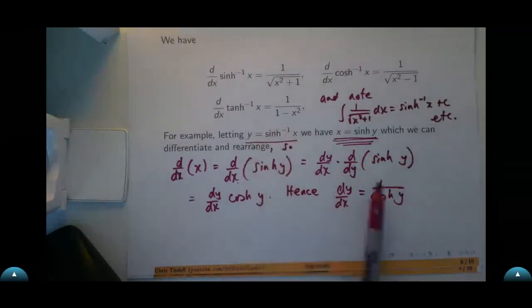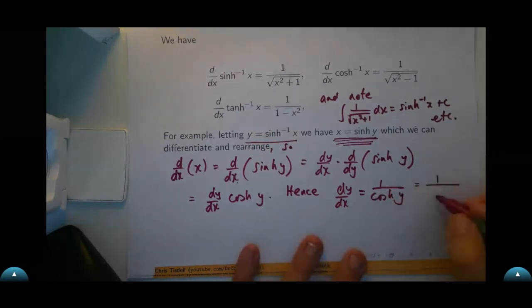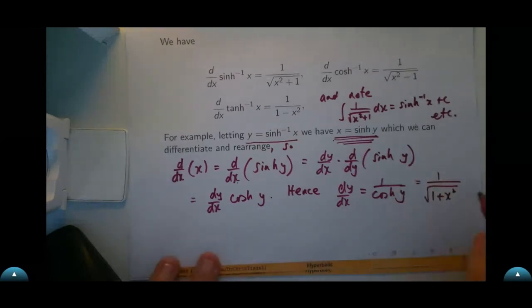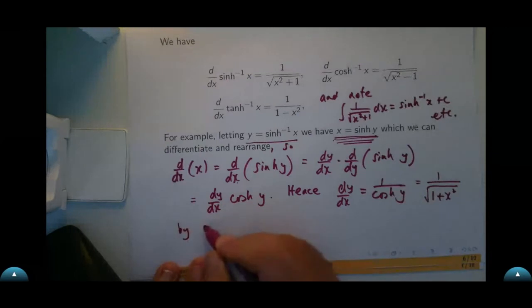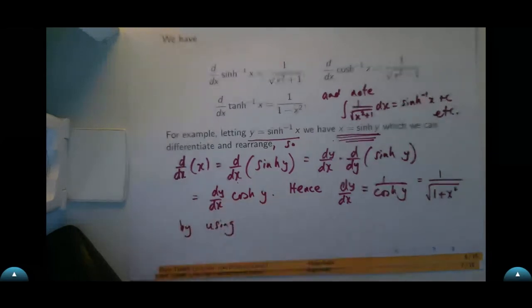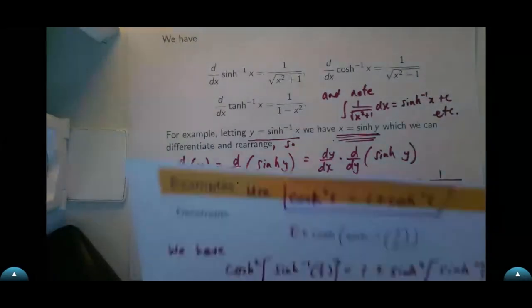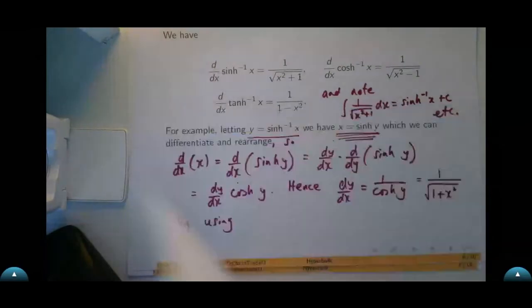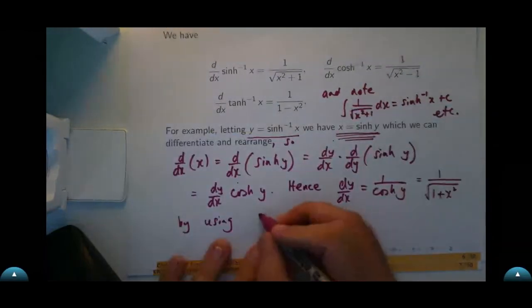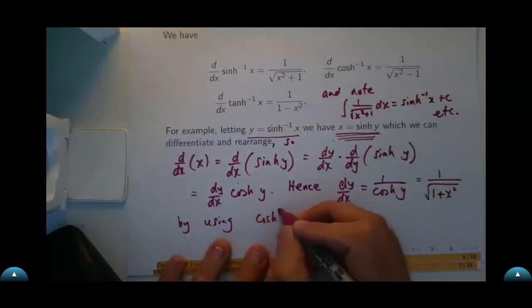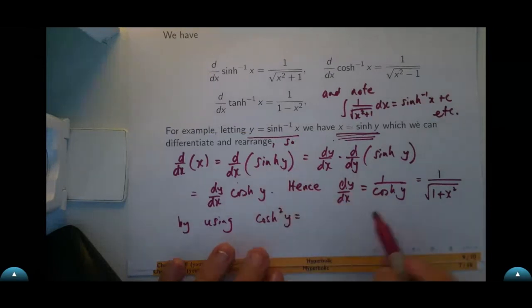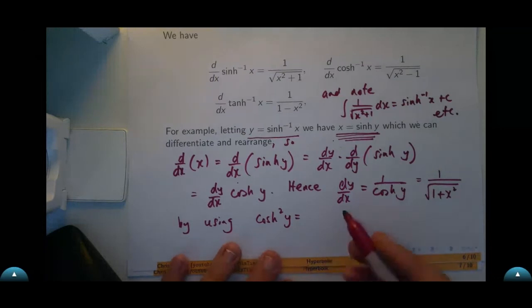So the derivative of this is 1 on cosh y, okay? Now, you can show that that is just that by using basically the same thing that we used up here, this thing here. So find the square of that and then take the square root.